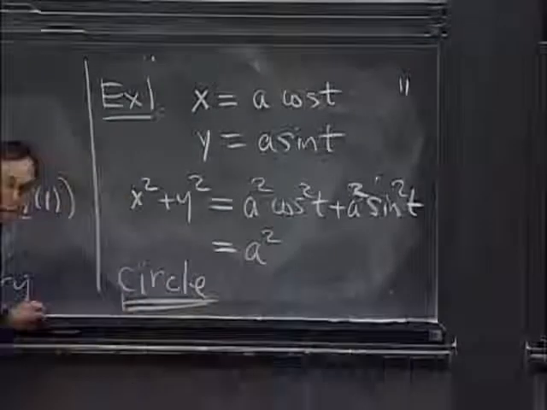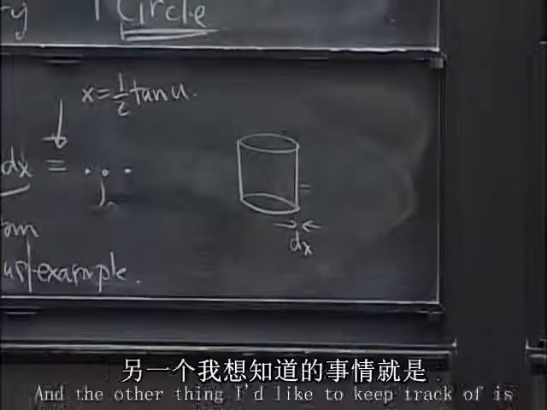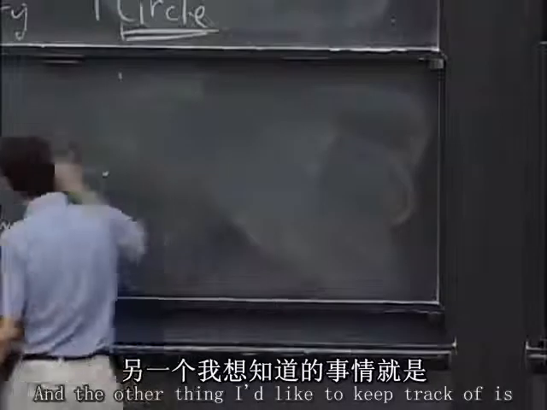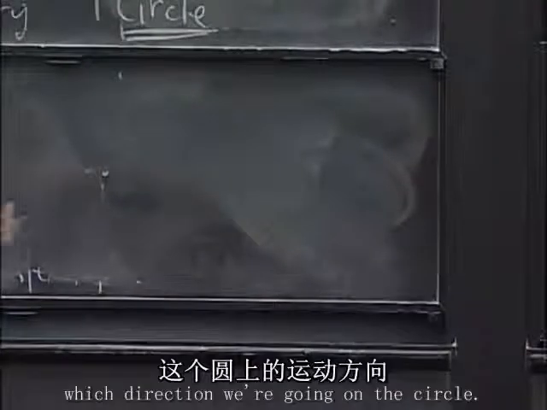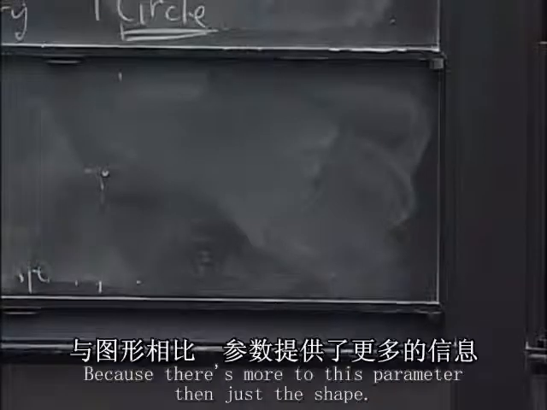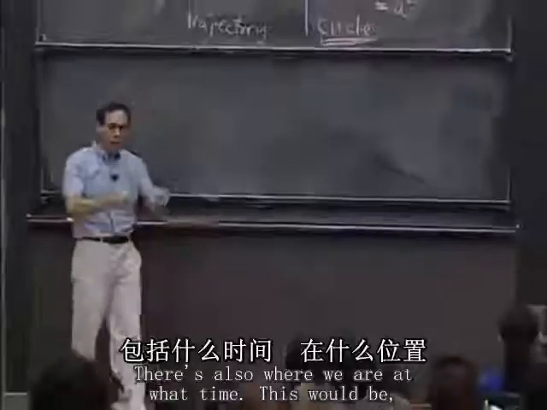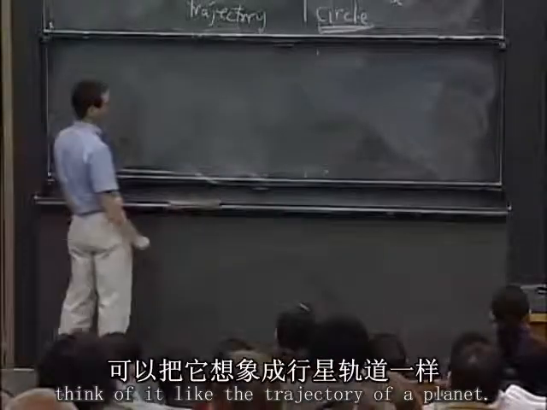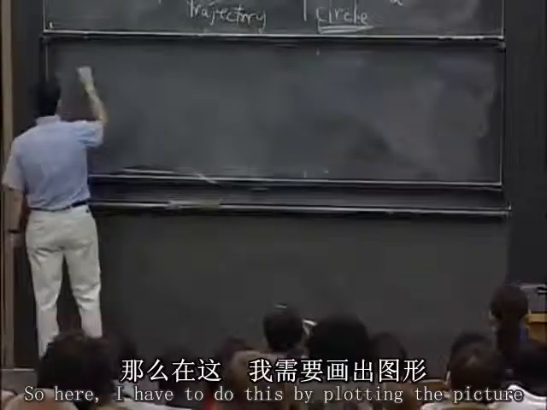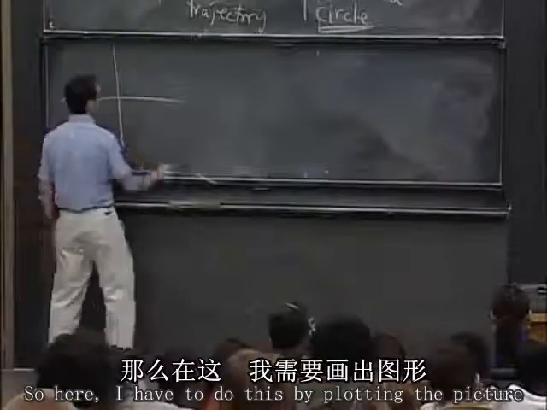We know what shape this is now. And the other thing I'd like to keep track of is which direction we're going on the circle, because there's more to this parameter than just the shape. There's also where we are at what time. Think of it like the trajectory of a planet. So here, I have to do this by plotting the picture and figuring out what happens.